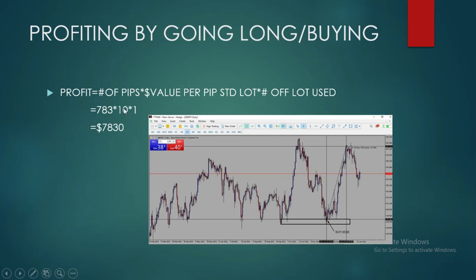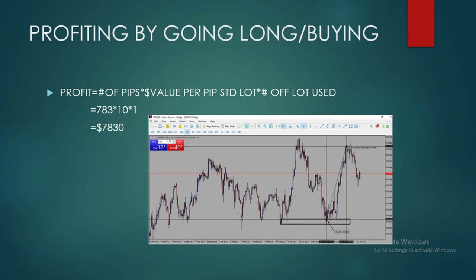So it's the number of pips multiplied by the dollar value per pip standard lot, multiplied by the lot size used. We explained lot sizes, right? Mostly our standard lot is 1, but for currencies it goes all the way down to 0.01.